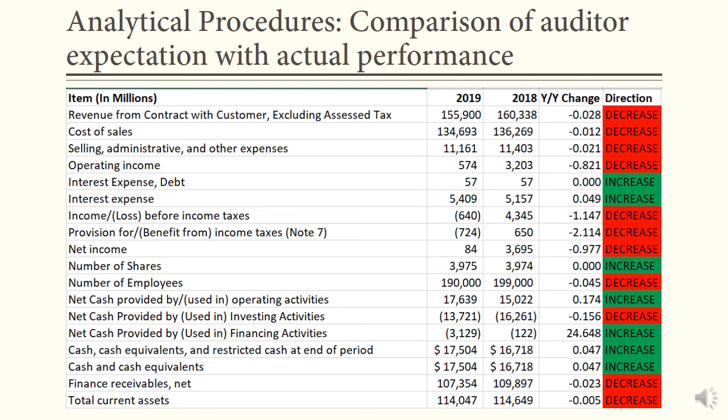We would expect our net income to be lower year over year, which it is. And we would expect our finance account receivables to be lower year over year, which it is. If any of those relationships are violated, then that would be an indication of a potential misstatement or a heightened risk that we should analyze.